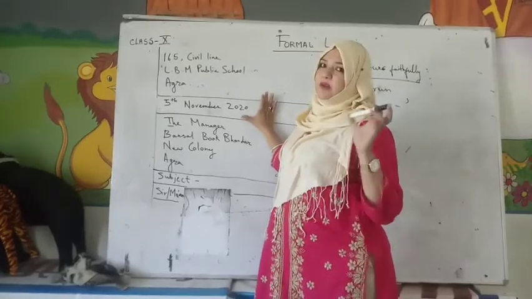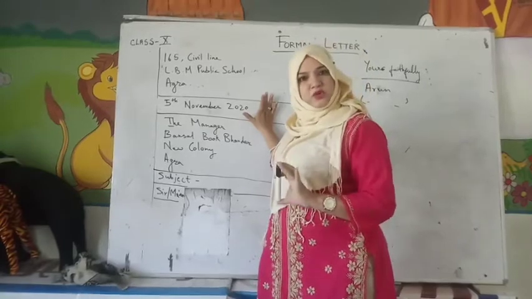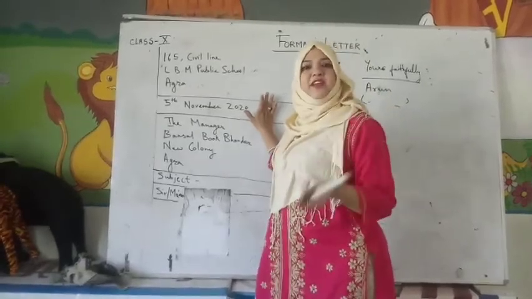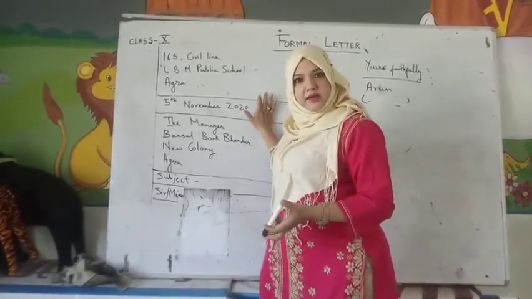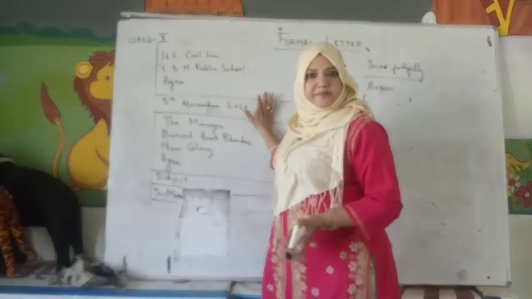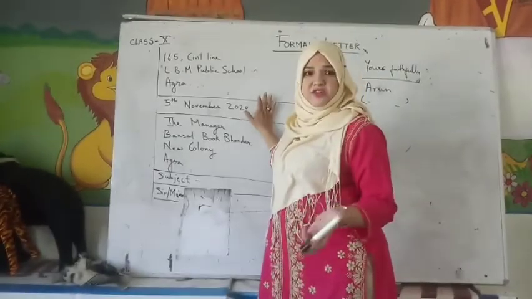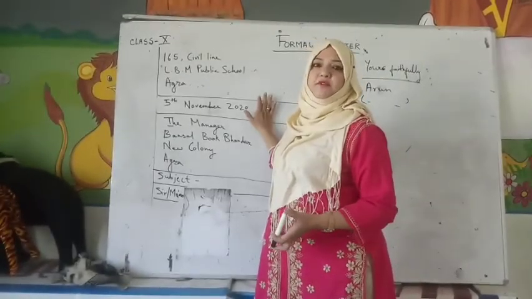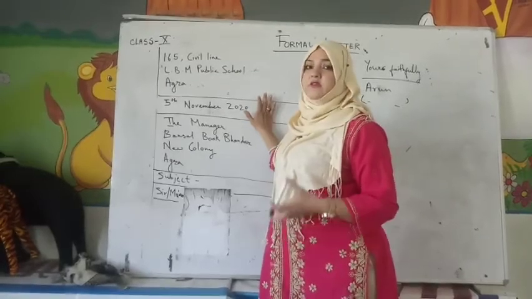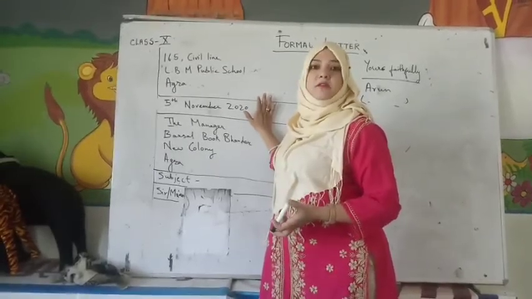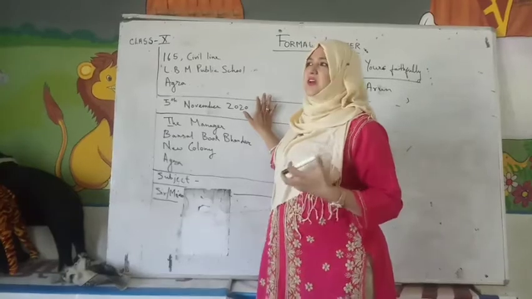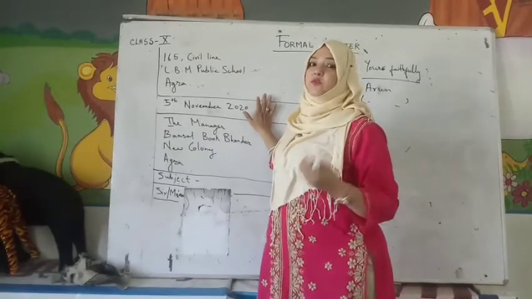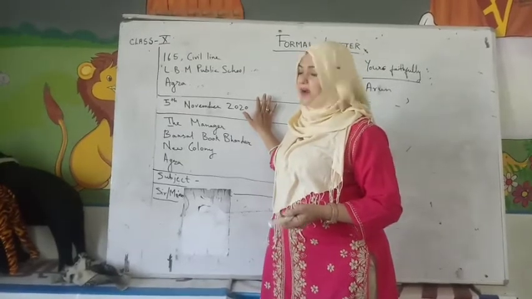You have to just elaborate it and write. A letter is the easiest thing to write. The only thing is be careful with grammatical mistakes. Form the sentences properly, and don't exceed the word limit.